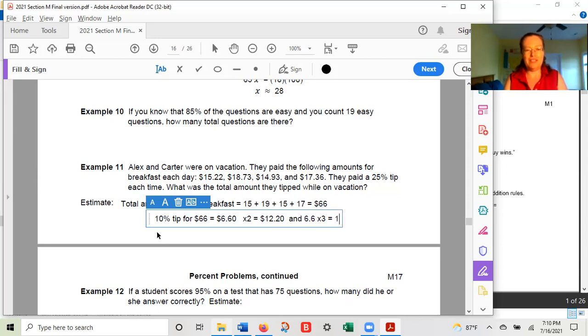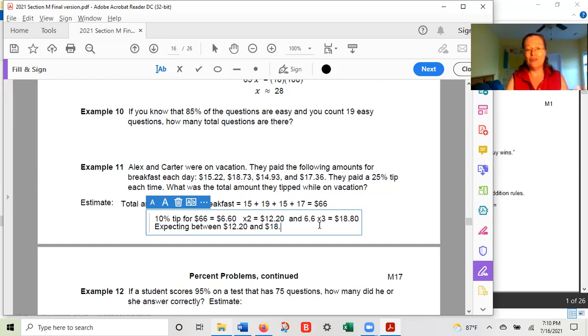No, am I getting too high? 10% tip is $6.60, $13.20, and add another 6.60. Oh yeah, I can do that. $19.80. So I'm expecting something between $13.20 and $19.80.